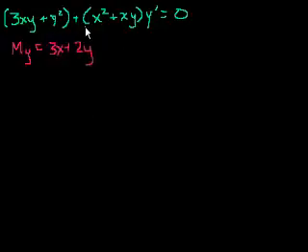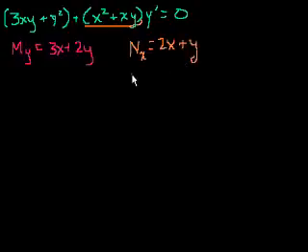And if the expression here is our function N, which is a function of x and y, we take the partial with respect to x, and that is equal to 2x plus y. In order for this to have been an exact differential equation, the partial of M with respect to y would have to equal the partial of N with respect to x. But just by looking at these two, they're not equal.